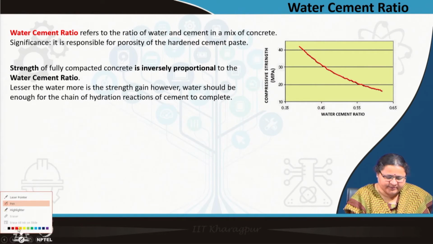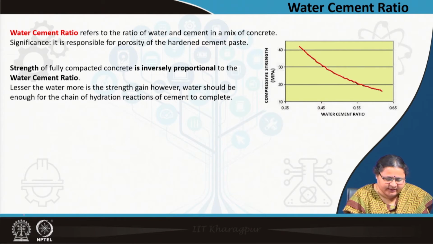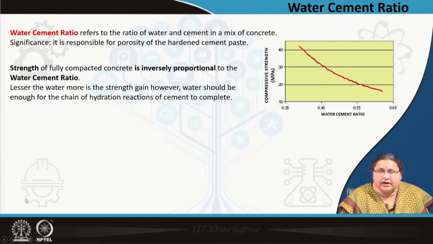So, water cement ratio is a vital point to be remembered and followed when we are going for any kind of concrete structure. So, any amount of water cannot be poured into the mixing when the concrete is being mixed, either it is ready mix, or it is coming in or it is manually mixed, or it is mixed in a rotator.